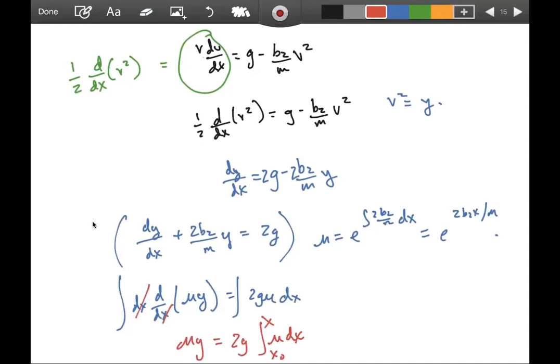So good, let's go ahead and do that. So let's plug in our mu. Our mu was e to the 2b2x over m, times y is then equal to 2 times g times the integral from x initial to x final, dx e to the 2b2x divided by m.